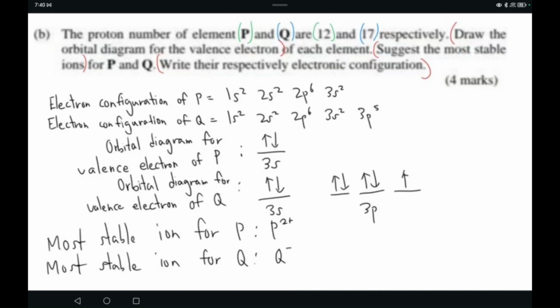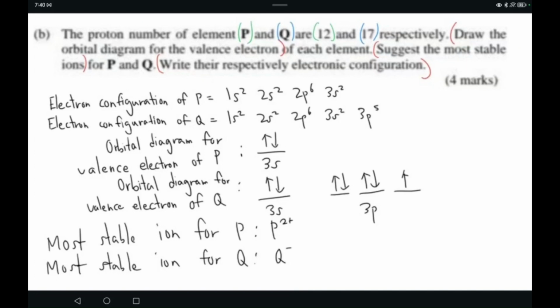So now we need to determine the questions in here. I already highlighted the three questions, which are orbital diagram, most stable ions, and electronic configuration. So first we need to find out the electron configuration of each element.